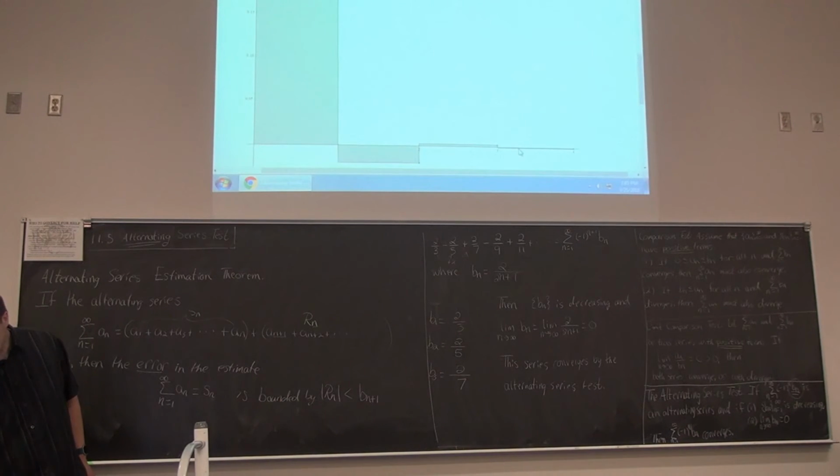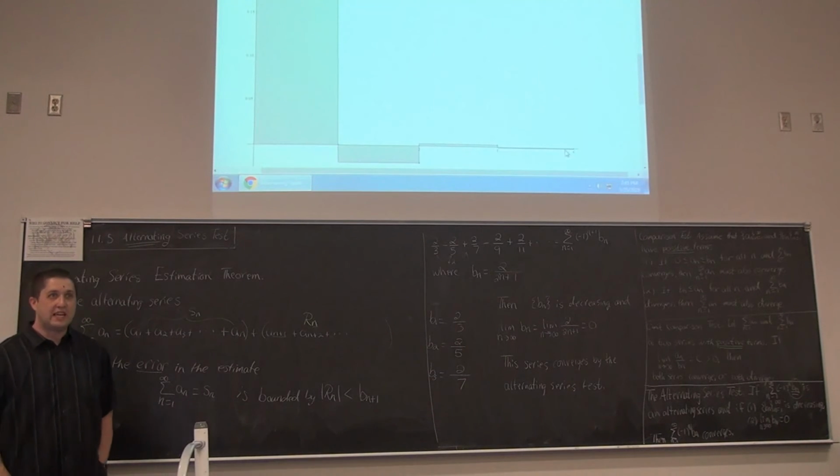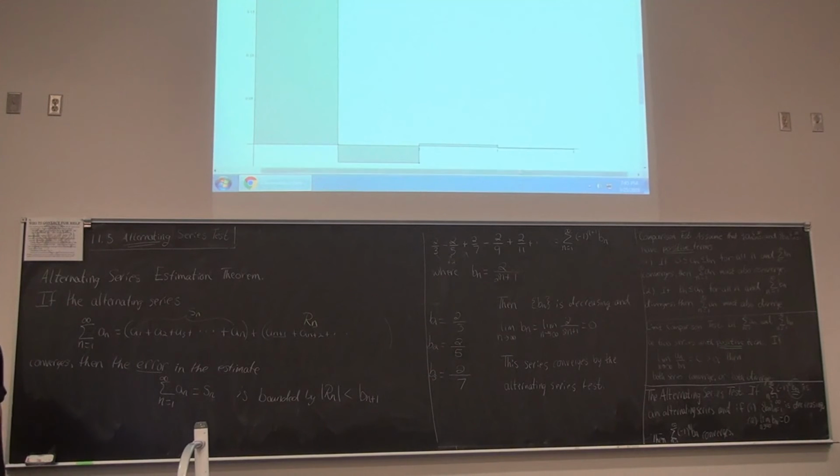The very next one, this height right here, can be no higher than this, and it's the same way all the way down. So the maximum error I can make in adding this to this to this is that entire amount, and that's exactly Bn plus 1, or B4 in this picture. So my error can be no bigger than this. That's a lot of mouse pointers moving left and right.